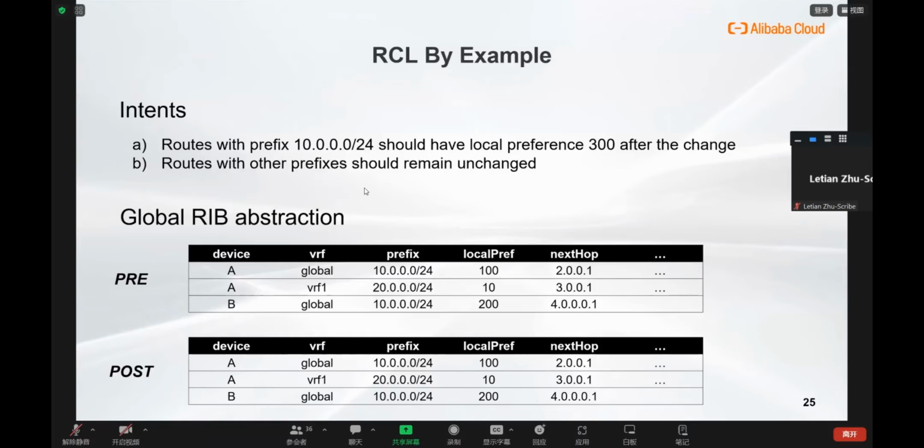But still, to end my line of questions regarding RCL, expressing intents in natural language and having an LLM-based tool to help translate them, either to RCL and then to more detailed specifications, or directly to specifications, might be an interesting problem to work on.